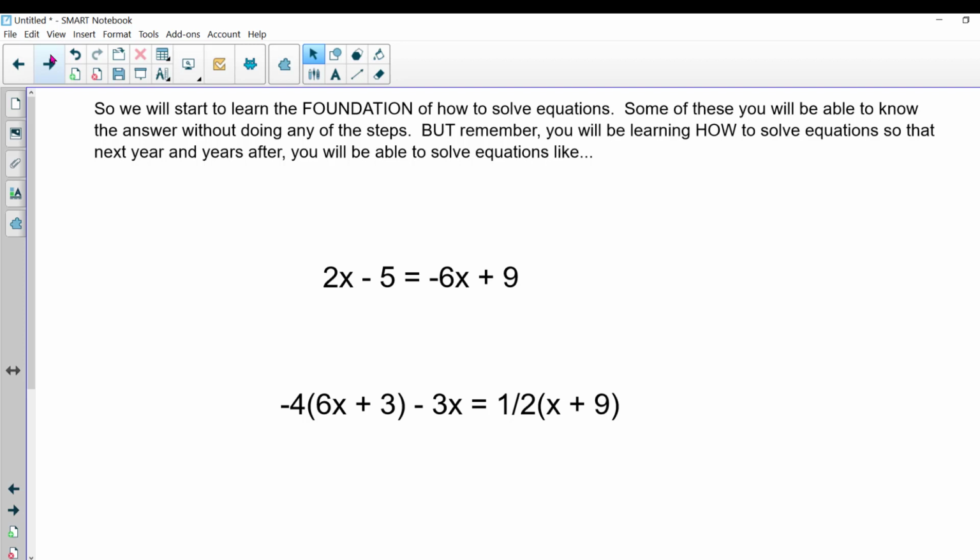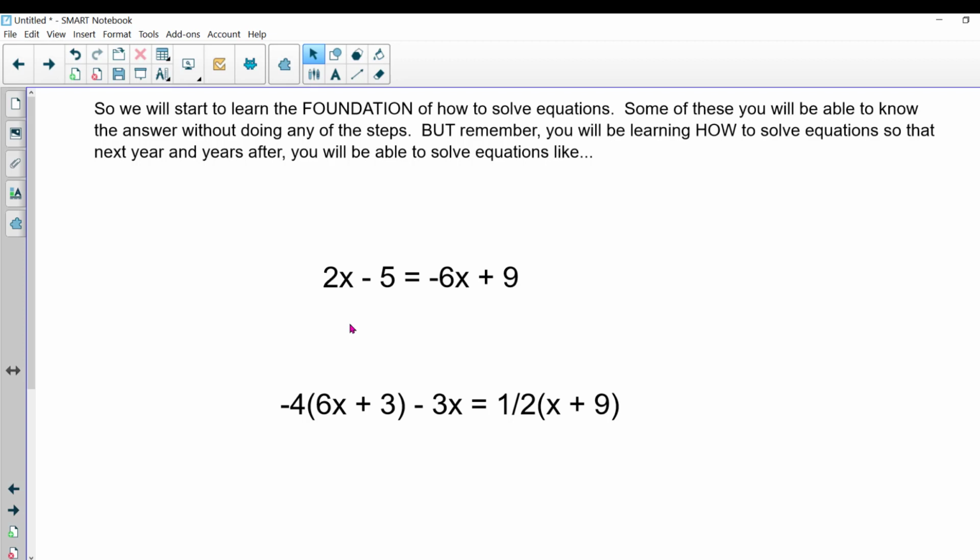And we're going to begin learning the foundations of how to solve equations, really the steps that you're going to take in order to start to solve problems later on in your math career of problems like this. So some of the equations that we're going to be learning in this unit, you will be able to solve in your head, but I want to encourage you to make sure it's not just about getting the answer.